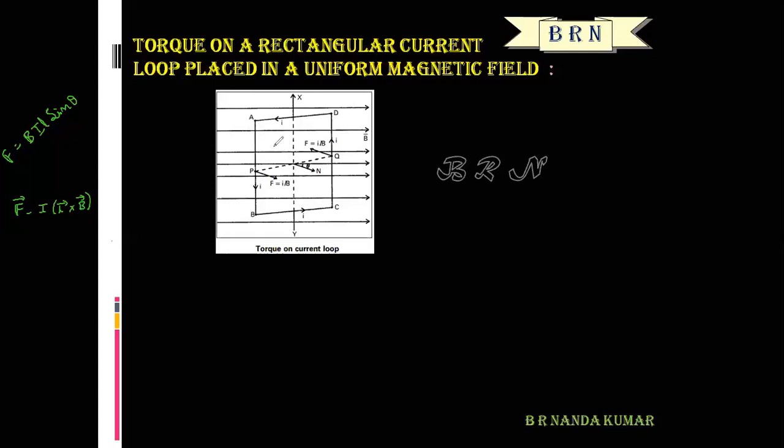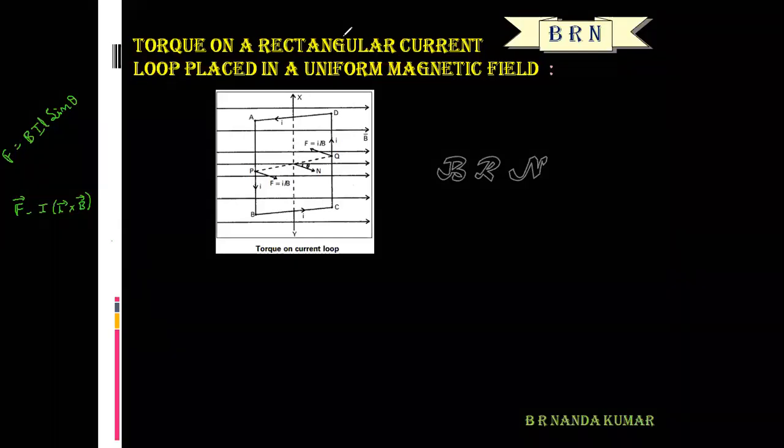The force acting on AB is maximum, because sine 90 is 1, right? What is the angle between the L vector and the B vector? That is 90 degrees. So the force acting on the side AB is maximum. So what is the direction?